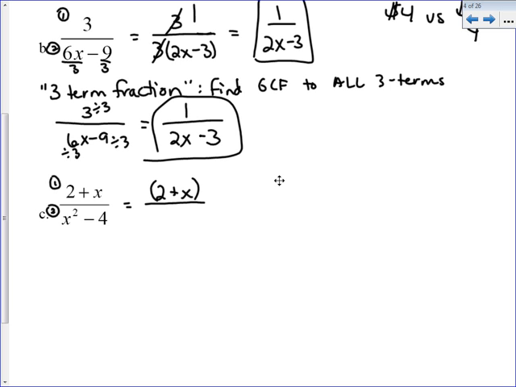I want to factor x squared minus 4. Does anyone remember what that type of factoring is called? Perfect squares. Difference of perfect squares, to be exact. Just make sure you have subtraction if you're going to do this, which we do. So for the difference of perfect squares, am I going to see 4 anywhere in my factors?